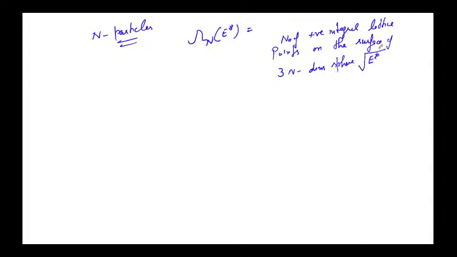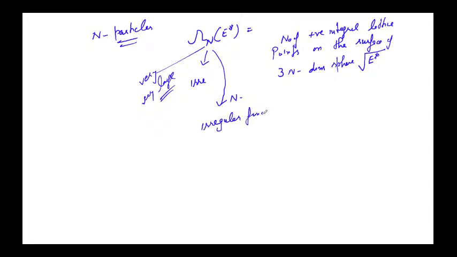Now this number of microstates will be an extremely irregular function, because the number can be very large. The number of microstates for n particles present in this sphere will be an irregular function of E star.